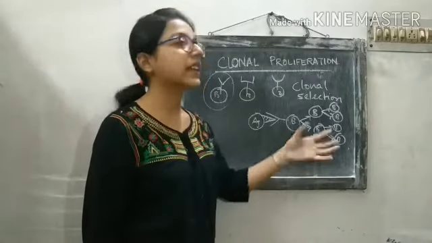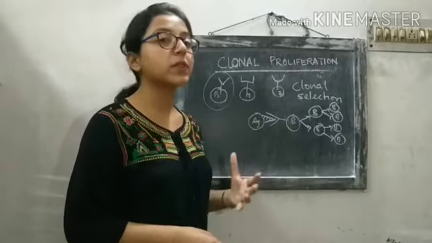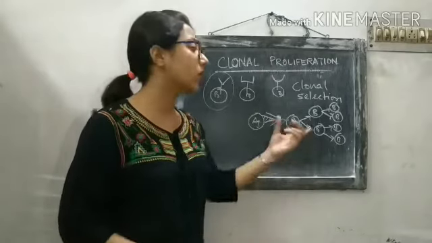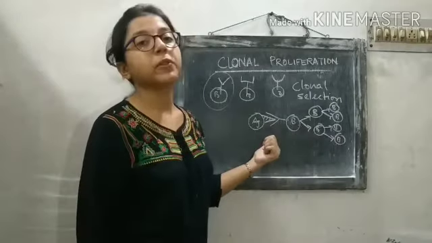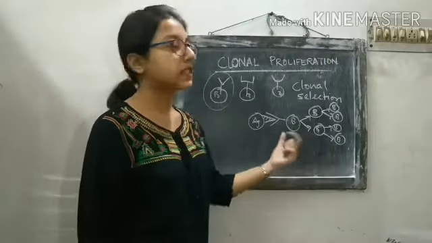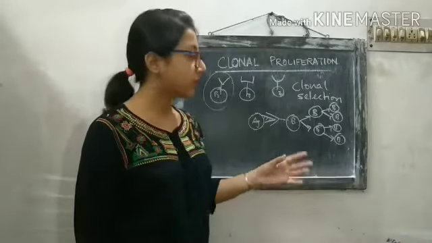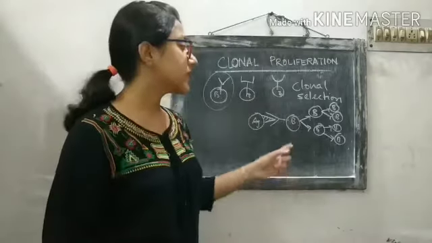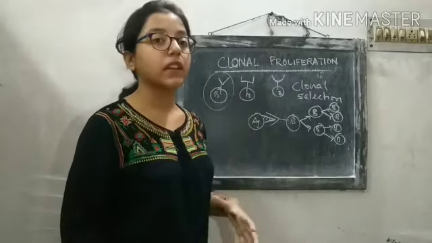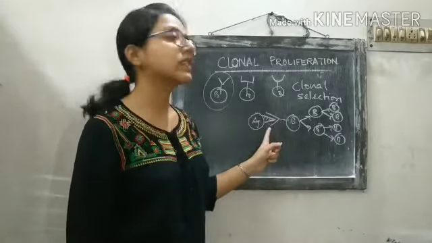This B cell will divide and produce a large number of B cells, and all these B cells will have specificity for this single epitope. This process of proliferation of a selected B cell is called clonal proliferation, which means this B cell increases its number and all the resulting B cells have the specificity for this single epitope.